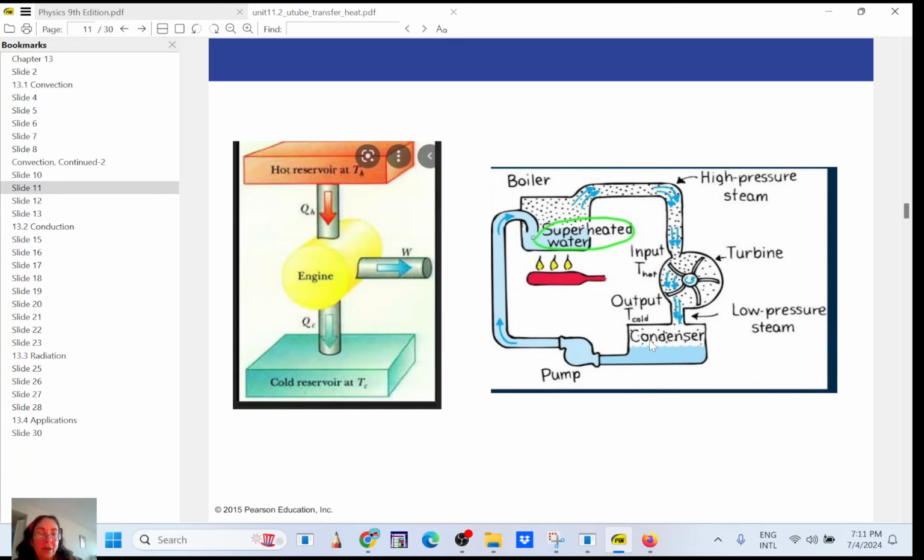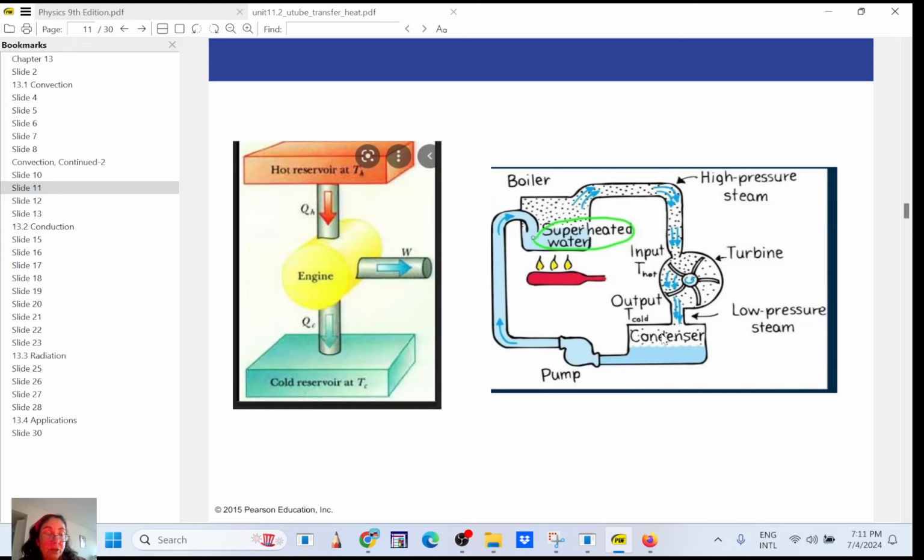And then here you have a condenser. So here the water will be cooler, maybe because it's in contact with water that can be pulled from a river, for example. So this is cool and this is hot. And you see that heat will flow from hot to cool.